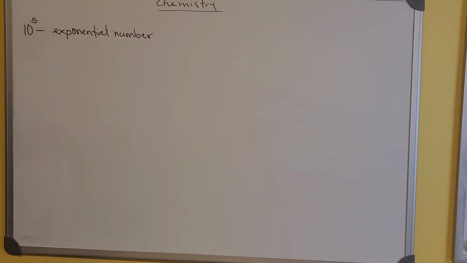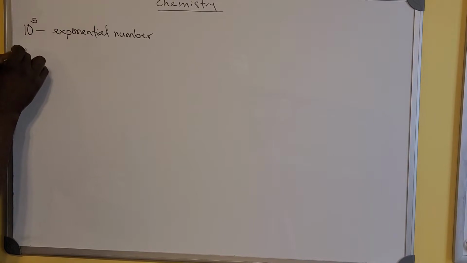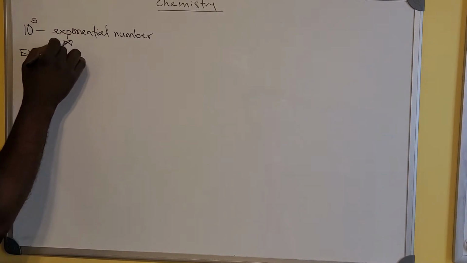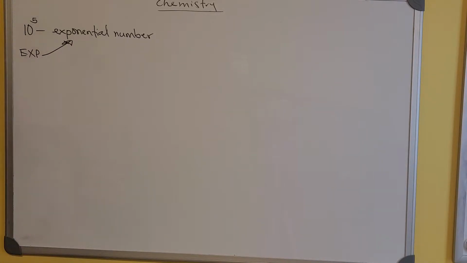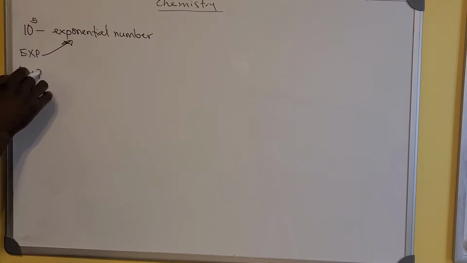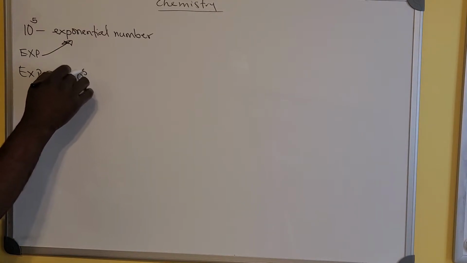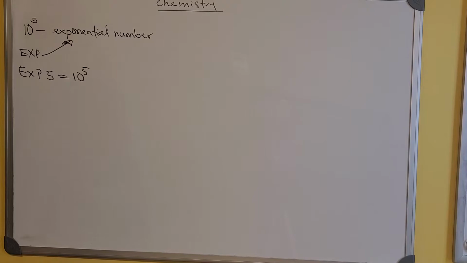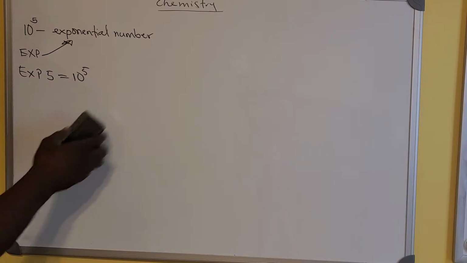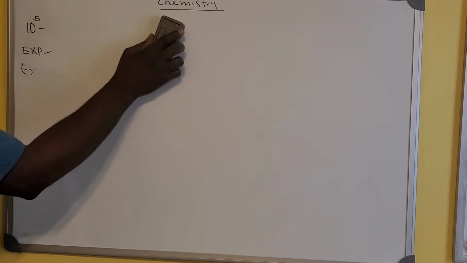On your calculator, you're going to see the word EXP, which also means the same thing as exponential or exponents. So if you have EXP 5, it means 10 raised to the power 5, for example. In this class today, we're going to learn how to add, subtract, multiply, and divide exponents. That is what our class is on today, how to work with these numbers.